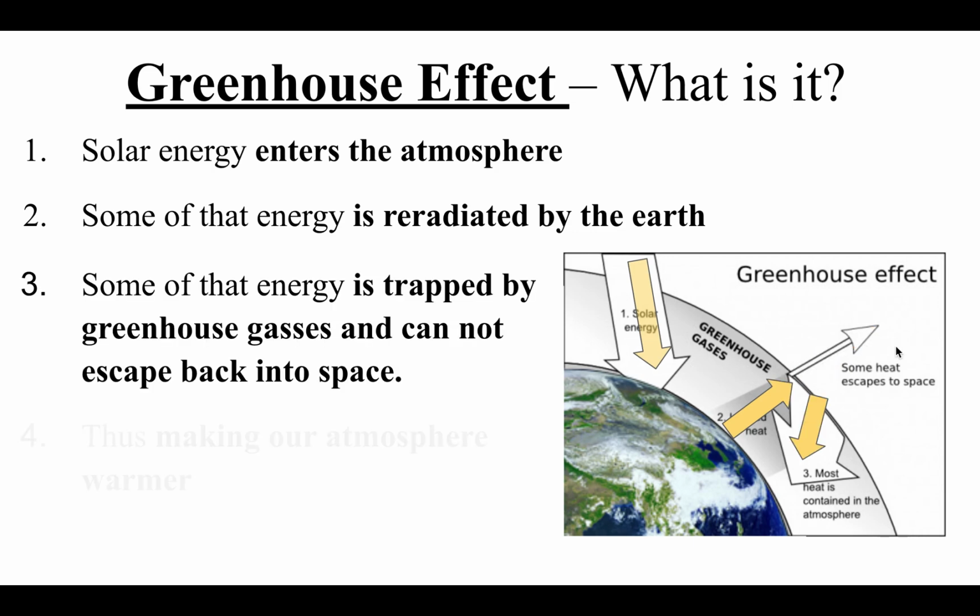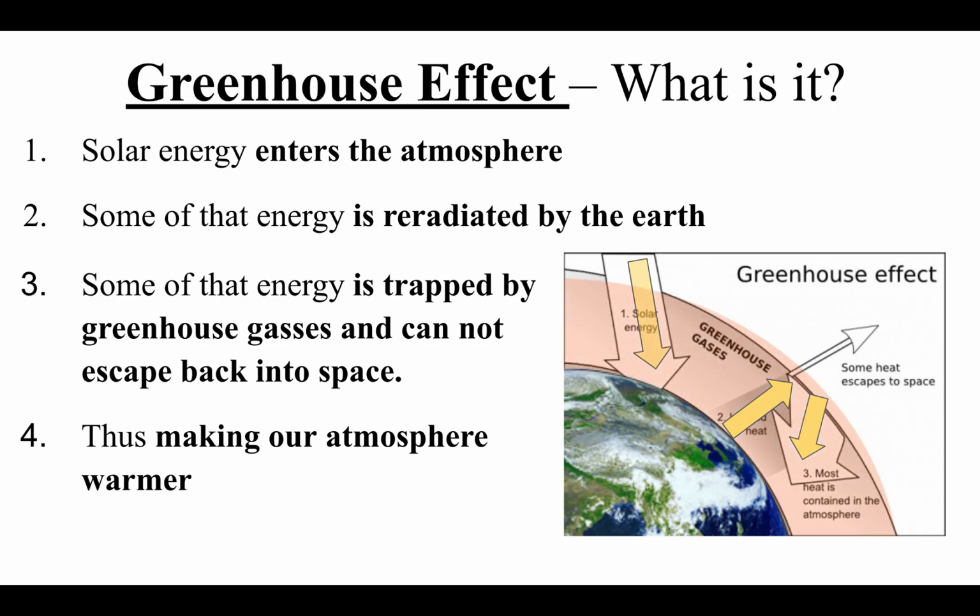But most of that energy is actually going to stay trapped inside by greenhouse gases, and it cannot escape back into space. With that energy trapped inside, that makes our atmosphere warmer and warmer and warmer. This is the greenhouse effect. It's greenhouse gases causing our atmosphere to become warmer over time.